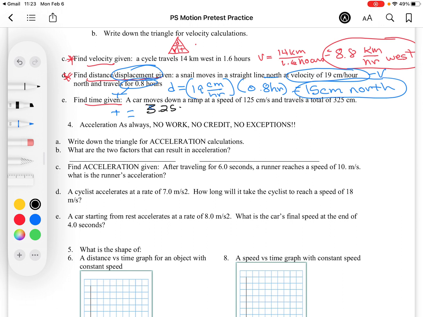Last but not least, we have time. Time will equal distance.